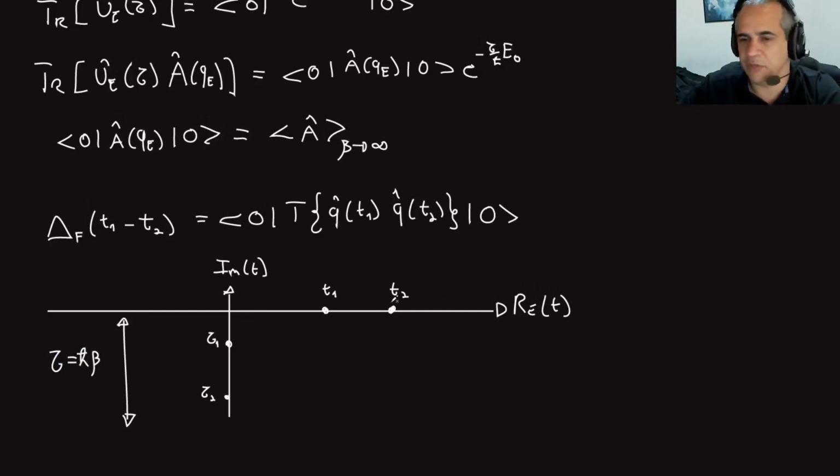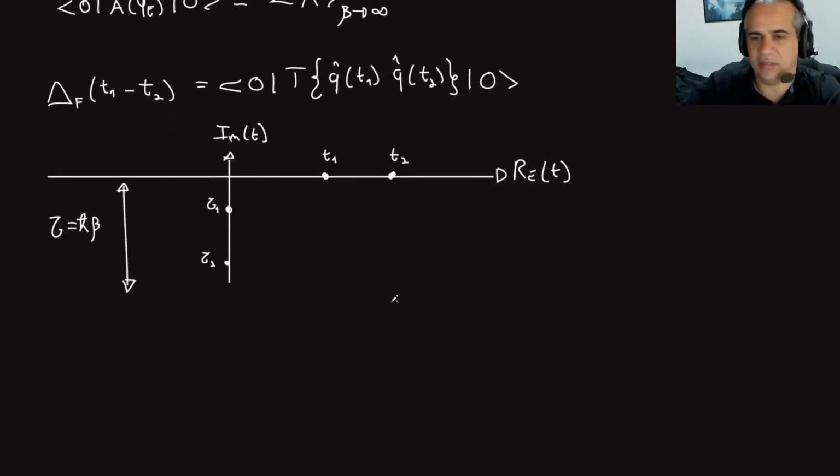So the first thing I can obtain is this quantity, the expectation value of a product of two operators applied at times tau 1 and tau 2. I'll try to get back to that by using the procedure as shown above.